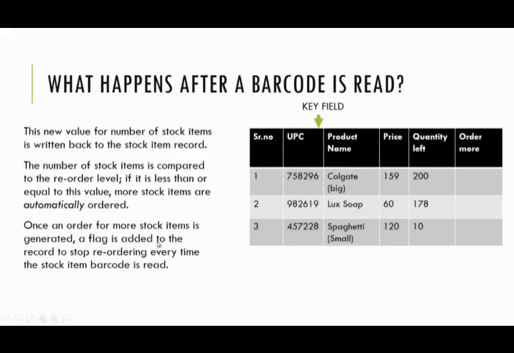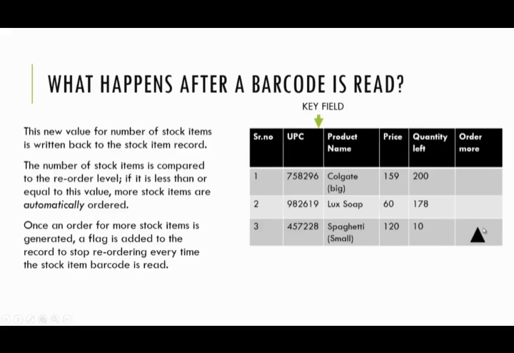Once an order for more stock items is generated, a flag is added to the record to stop reordering every time the stock item barcode is read. It means that the item is less than 11, so order more. Order more means now there's a flag or an icon here that says I have already sent an email to the company to send me more.